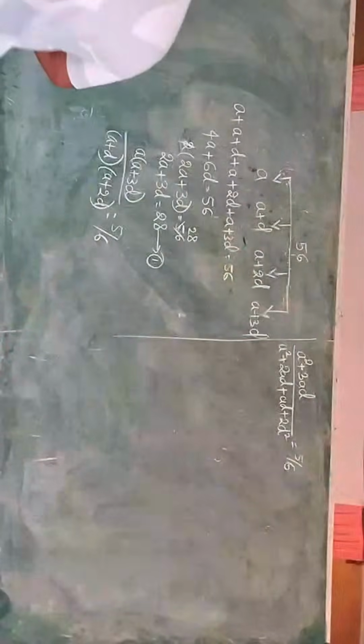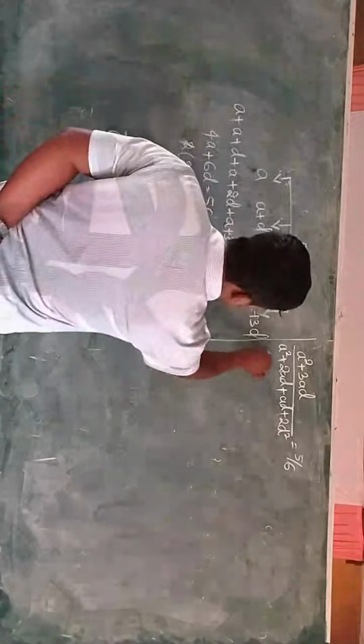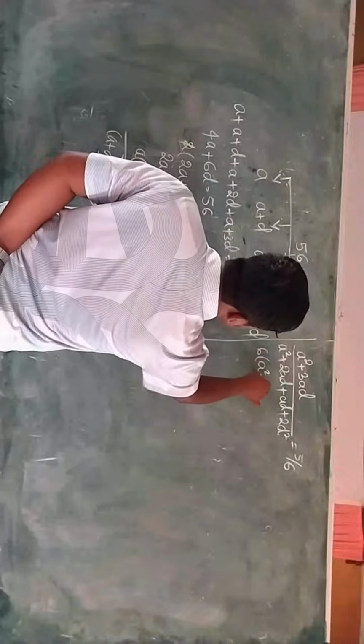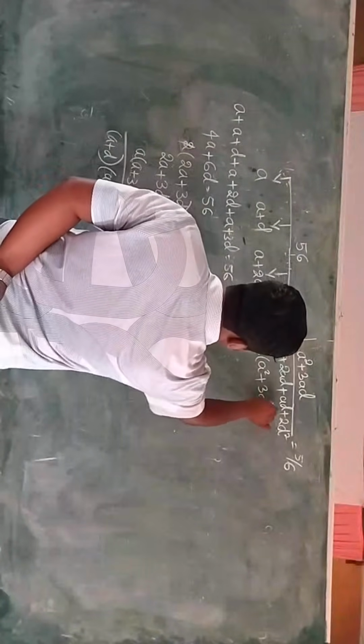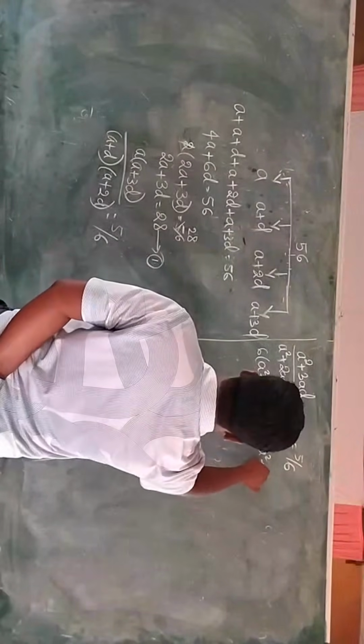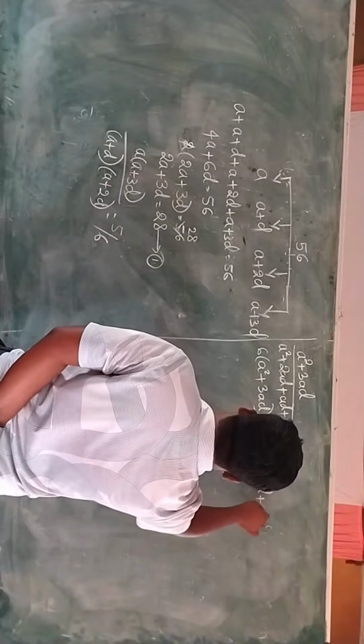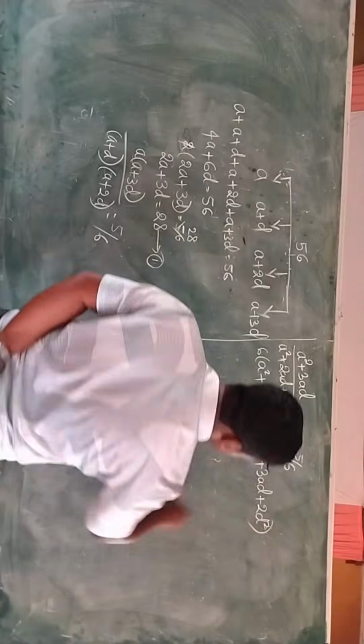So now cross multiplication. 6 into bracket a square plus 3 times of ad is equal to 5 into bracket a square plus 2ad plus ad, 3 times of ad, plus 2d square as it is.